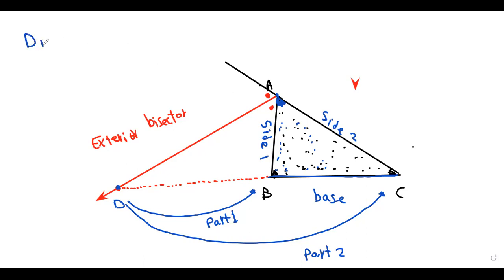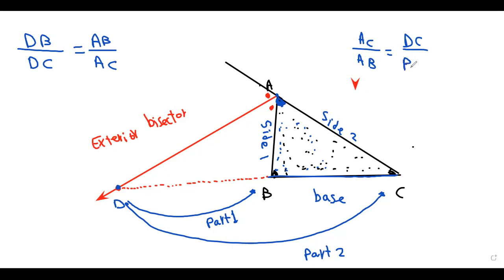So DB over DC equals AB over AC. And if you want to write side 2 over side 1, for example, you write AC over AB. So you should take part 2 because you started with side 2, so DC over DB.